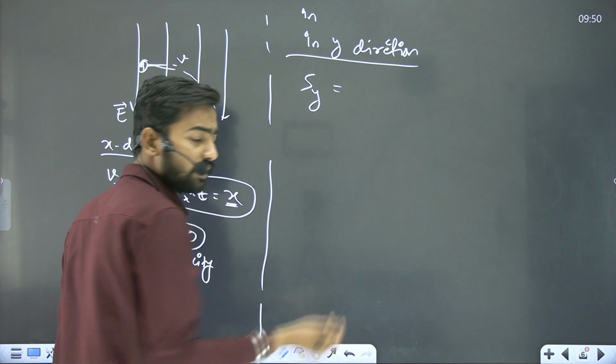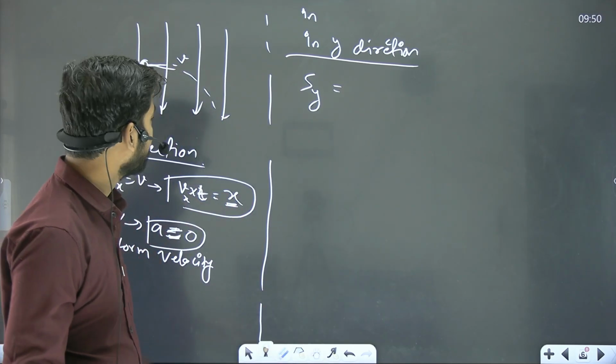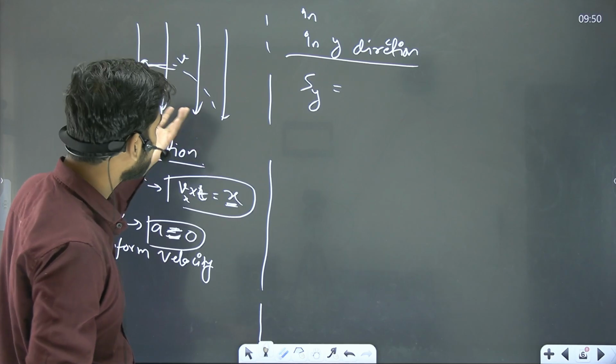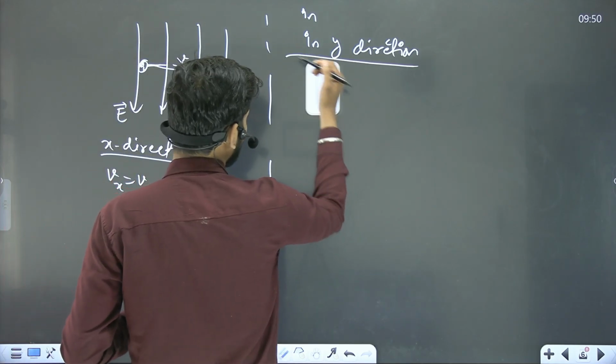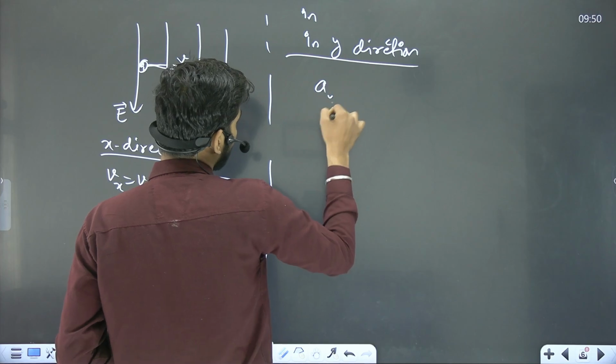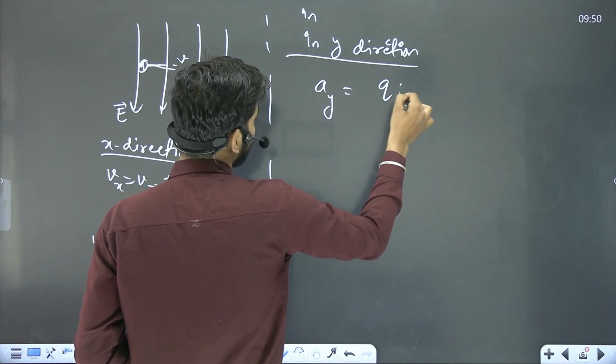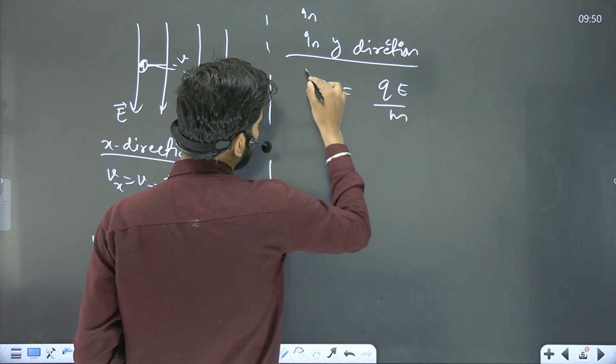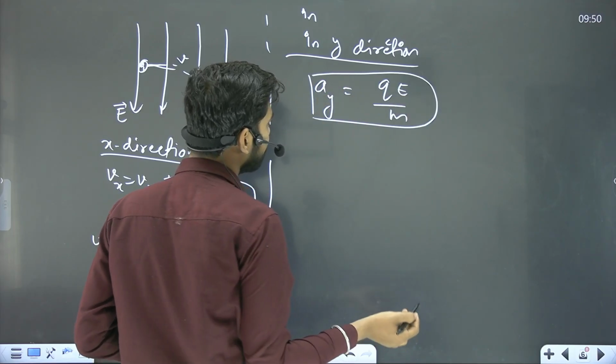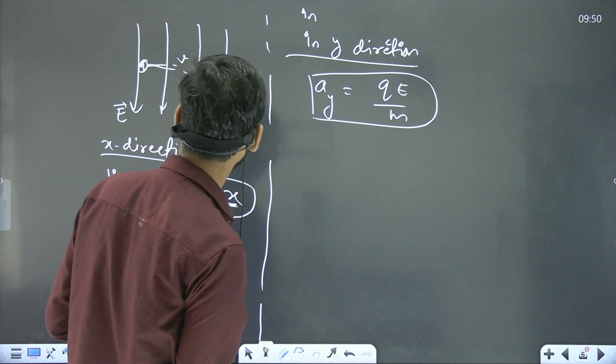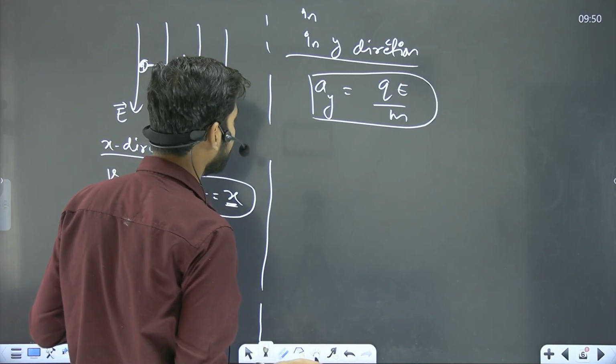I can apply the equation of motion in that, because it's uniform motion. Why, sir? You found the acceleration in the y direction was qE by m. It's a uniform acceleration. It comes under the motion in the electric field. Yes.